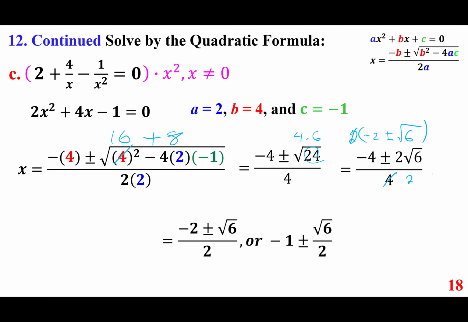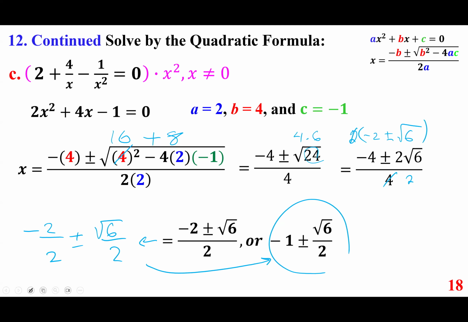This is the answer, or you can write it in this format: negative 2 over 2 plus or minus the square root of 6 over 2. Either way is fine. And I'm writing it in this format because, again, I don't want anybody to be under the assumption we can cancel out the 2 from the top and the bottom. That is not how it works.